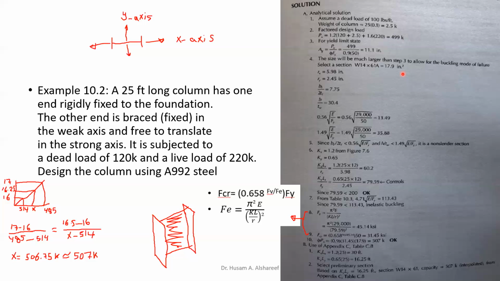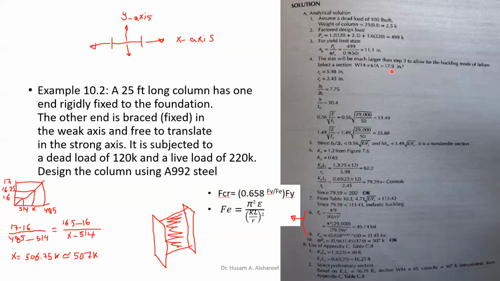So we're going to compare all the gross areas to the one we found here and find something larger. Now, what the book did here was select a gross area larger than this, way larger, 17.9, just so we can be conservative and also have a buckling mode here.